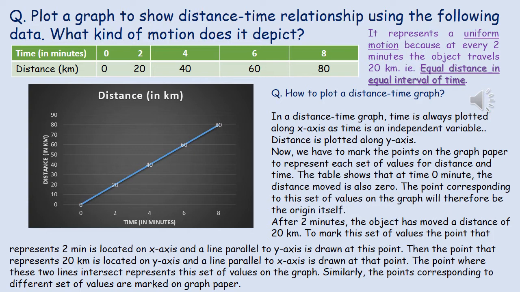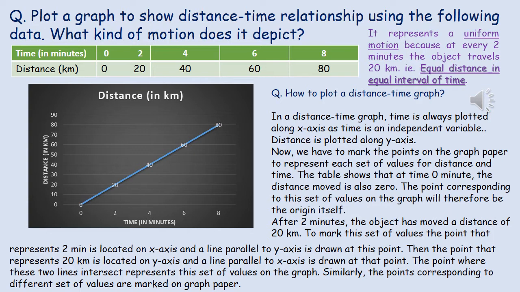Here we can see a table is given, time in minutes: 2, 4, 6, 8, and distance in kilometers: 20, 40, 60 and 80. Now we can understand easily that at every 2 minutes the distance travelled is 20 kilometers. 20 to 40, 40 to 60, 60 to 80, this way it goes. So it represents uniform motion because equal distance is travelled in equal intervals of time.